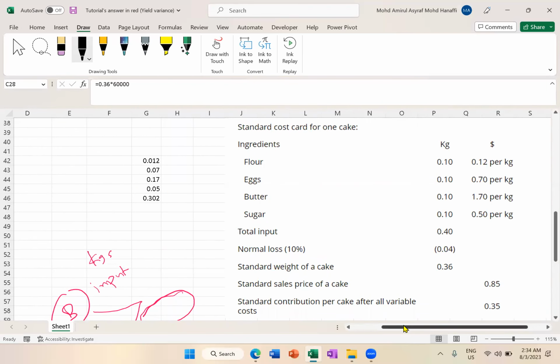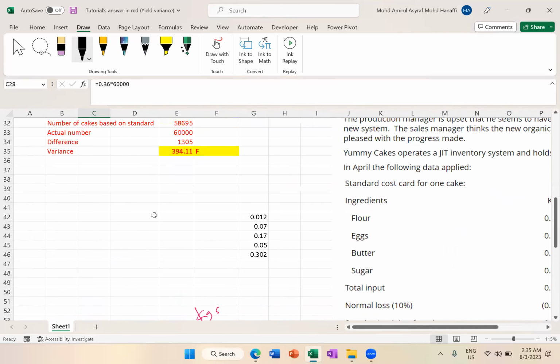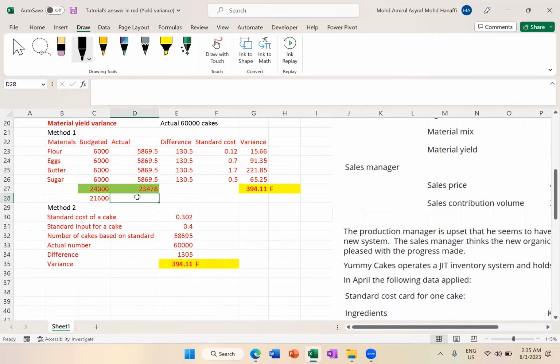So for you to produce 60,000 cakes, you should include flour, eggs, butter, sugar, more than 0.36. How much more? For each cake, you need to add an extra 0.04. Right? So you put here, for example, 0.04. This is something you deliberately add, knowing that it will actually be lost later, it will evaporate or disappear, and things like that.